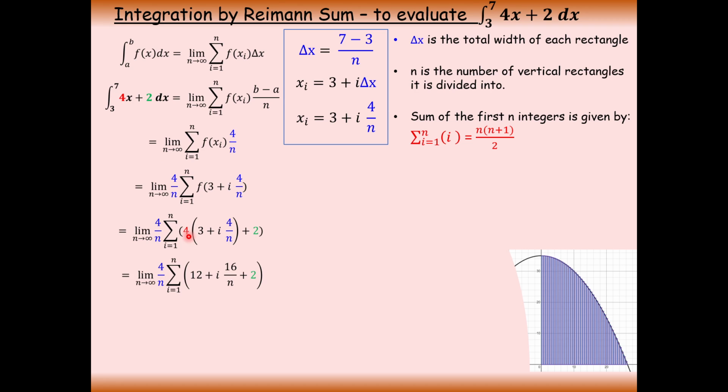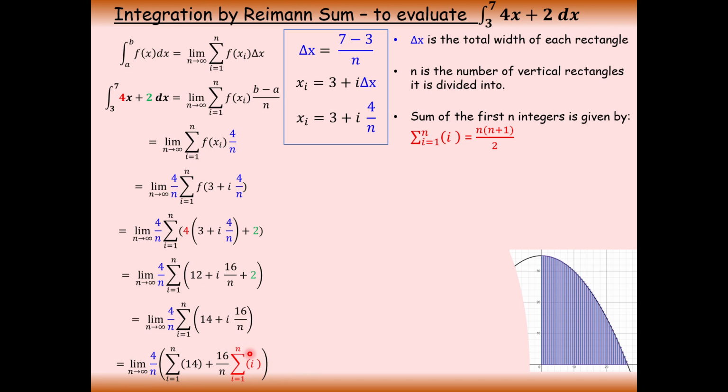And then once we expand the bracket, we will have a 2 and a 12 that add up to 14. And then here we are going to break apart and use two sum notations for the values inside this bracket here. And the 4 over n is going to stay on the outside.